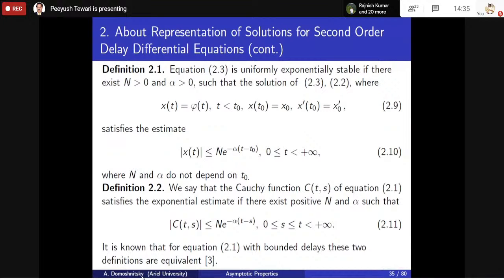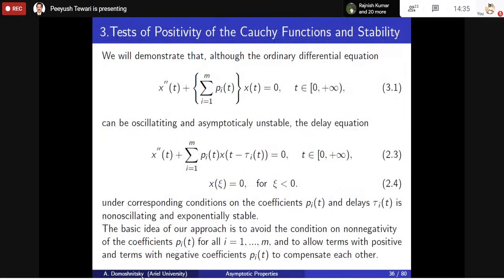Next, please. We will demonstrate that the ordinary differential equation 3-1 can be oscillating and asymptotically unstable, but the delay equation 2-3 with the corresponding condition on the coefficients p_i(t) and delays tau_i(t) is non-oscillating and exponentially stable.